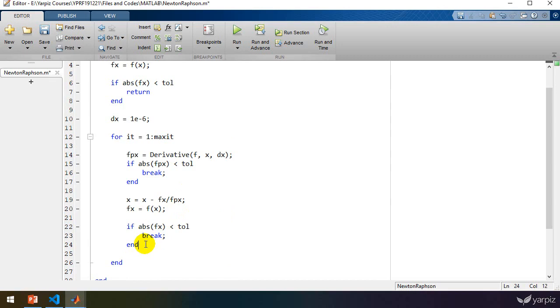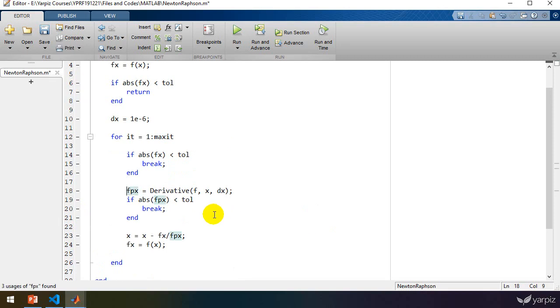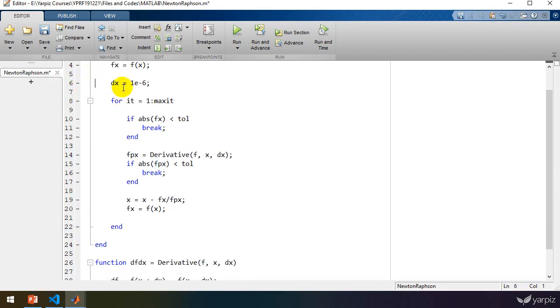And similar to Python code we can merge this if with this if, they are identical, and I'm going to remove this and paste this at the beginning of the for loop and remove this as well, because if we enter the for loop, then we have the same if here, and after this, if we have evaluated fx and we return back here, and if the value of f of x is less than tolerance, then we can go outside of the for loop.